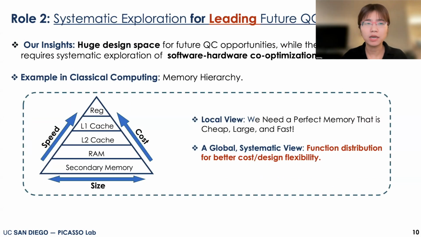And the second role in my mind is more of a leading role. So I'm a little bit ambitious here. I feel like even while doing this kind of system optimization, we can still have a leading role, working together with other scientists. The reason is the huge design space for future quantum computing technologies.